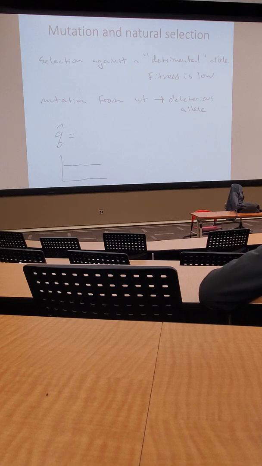Something's going to be pushing this line in different directions. So what's going to try to push this line down? It's stable, it's staying the same, but there are things happening. Given the definitions I just showed you, what's going to make this line go down? Low fitness. Yeah, selection, yeah.